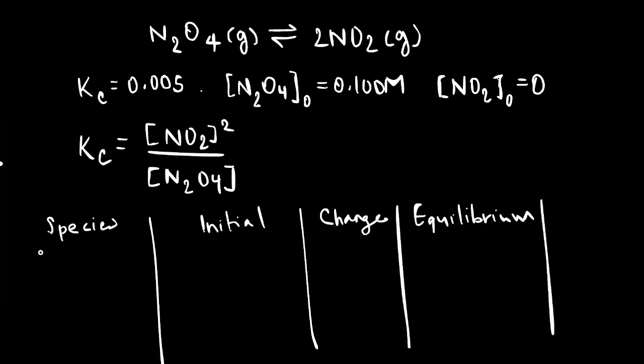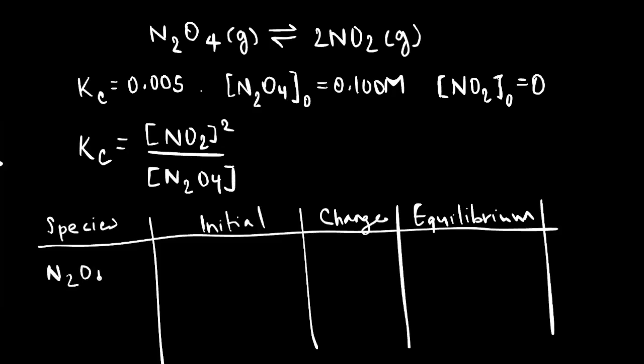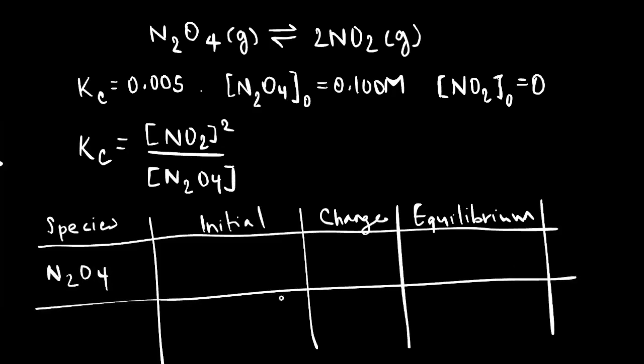So we have this set up like this. What we do first is, again, write what our species are. So that would be N2O4 and NO2. So now all we have to do here is just fill out this table.